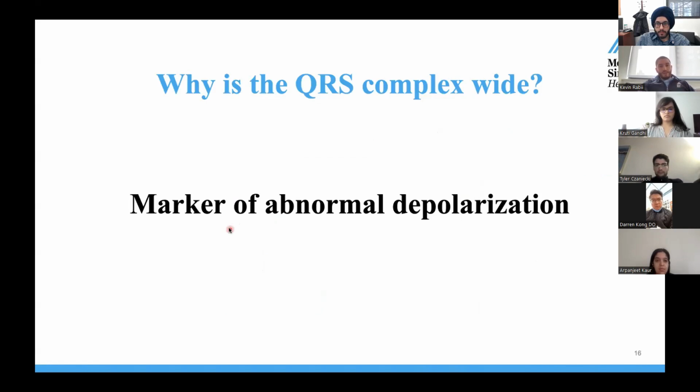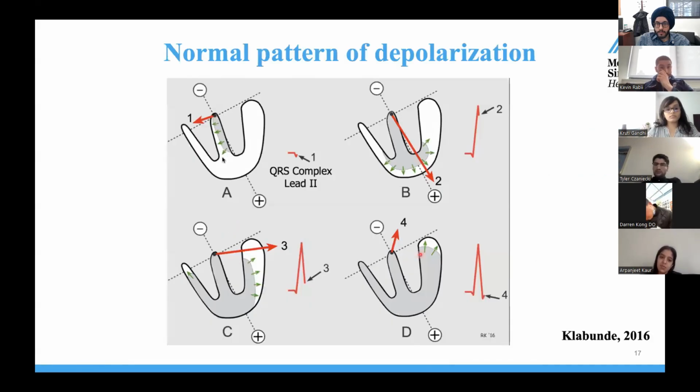So just understanding why the QRS is wide is important. Essentially, it's just a marker of any abnormal depolarization of the ventricle. Our normal pattern of depolarization, I won't go into detail, but the basic concept is in any lead, if there's a positive deflection, the impulse is going towards it, and if it's negative, it's going away. So this is our ventricular myocardium.